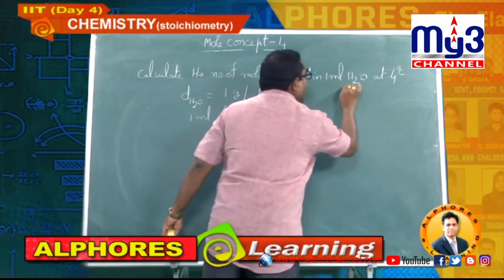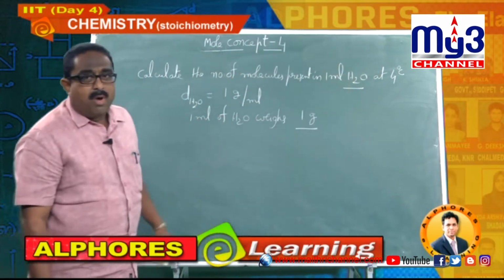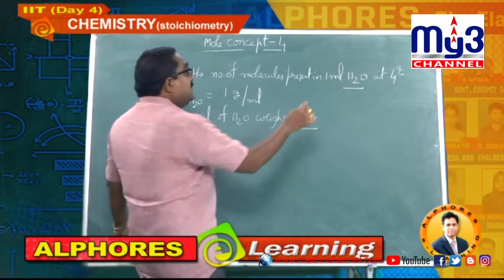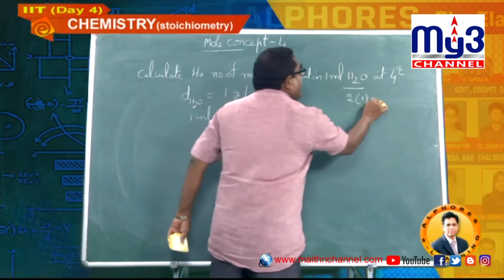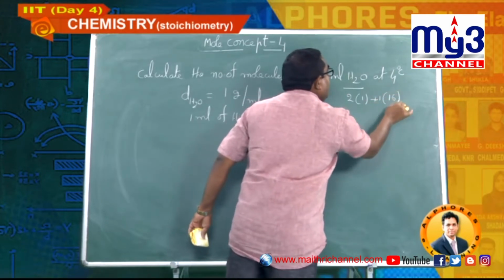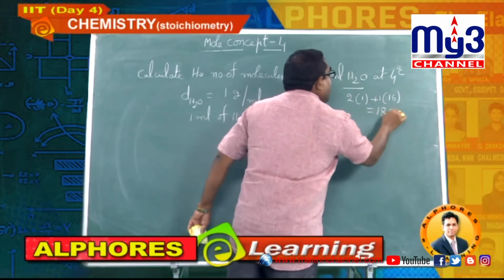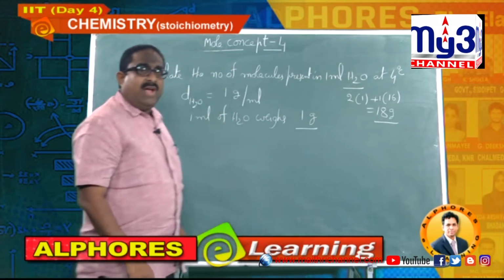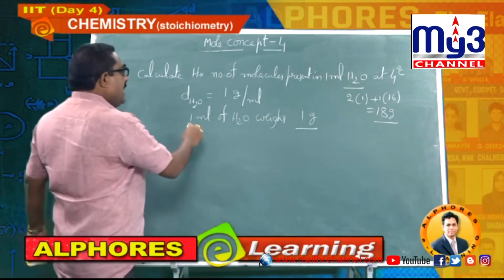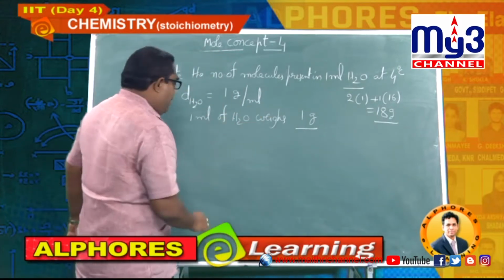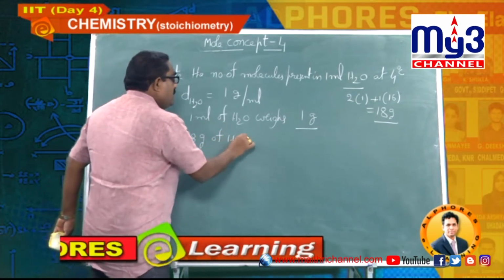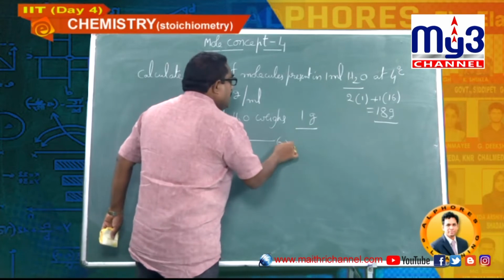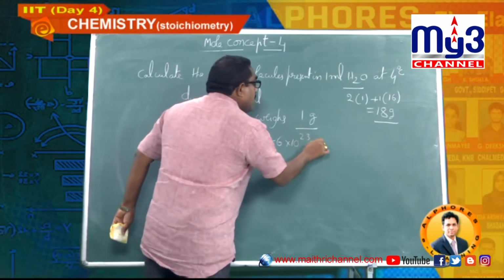Now, first of all, let us calculate the molar mass of H2O. 2 into atomic mass of hydrogen plus 1 into atomic mass of oxygen, that is 18 grams, the molar mass of H2O. Now I can write the definition of GMW. So 18 grams of H2O should contain 6 into 10 power 23 molecules.